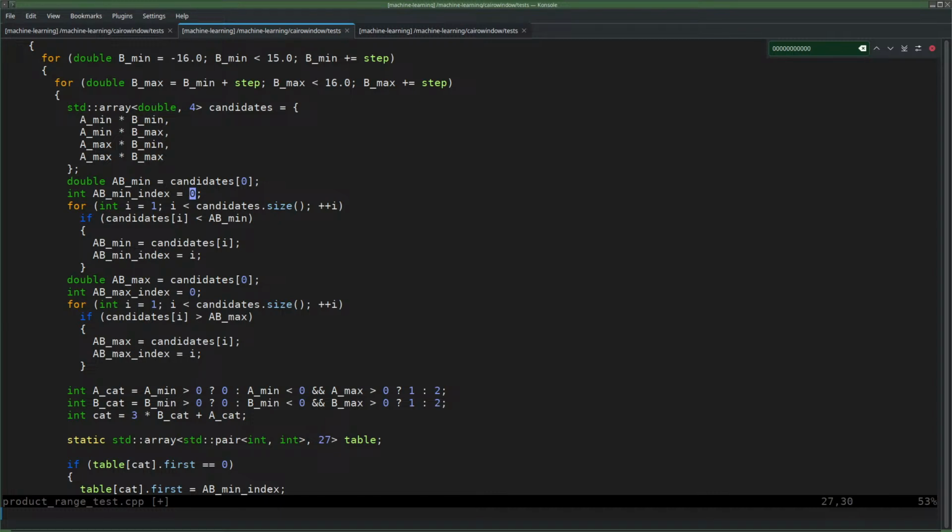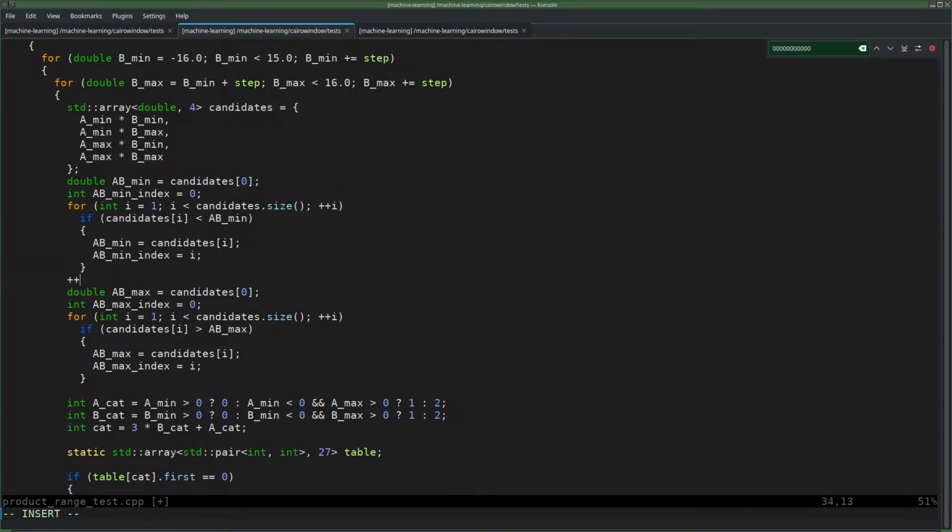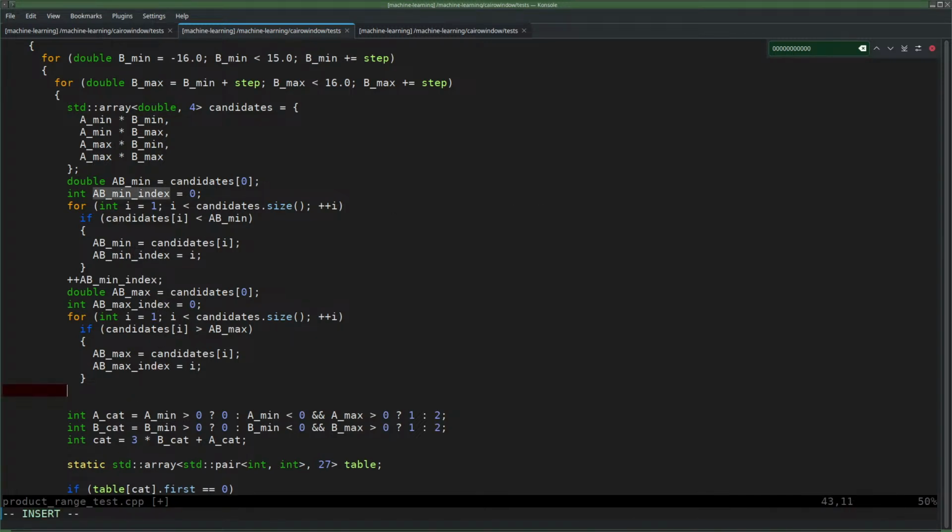Okay, what shall we do? I just increment it afterwards, I suppose. So now they run from 1 till 4.